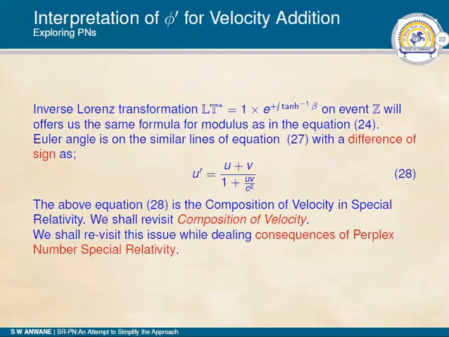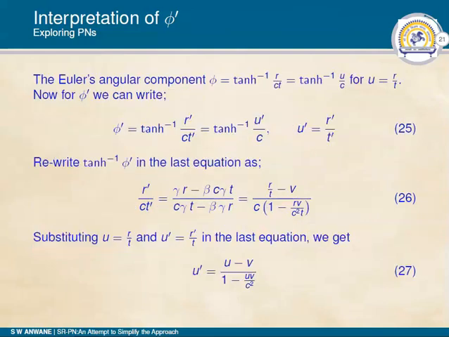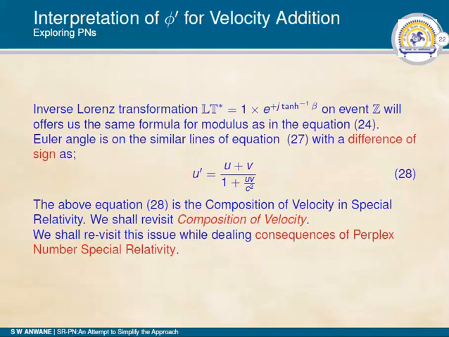Now, for the sake of interpreting velocity addition, we can exercise the inverse Lorentz transformation instead, as we have done to obtain equation number 27, and by virtue of that inverse Lorentz transformation, we shall have the formula for addition, u dash equal to (u plus v) upon (1 plus uv upon c square), equation number 28, which is the composition of velocity expressed in special relativity.